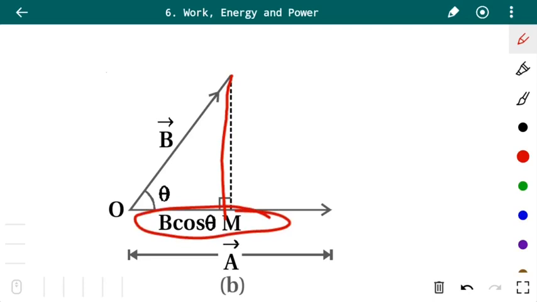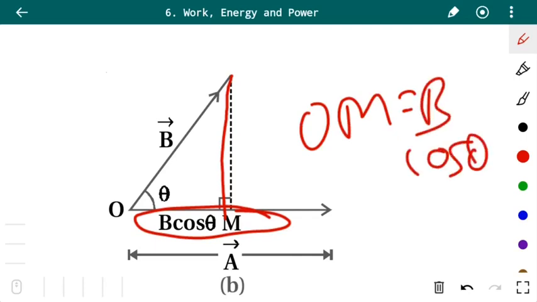So OM equals B cos theta. Let us name this point Q. Here OQ is vector B and OM is B cos theta.